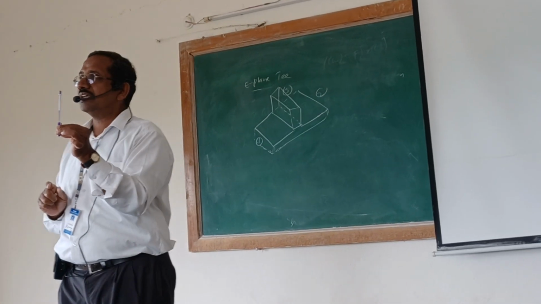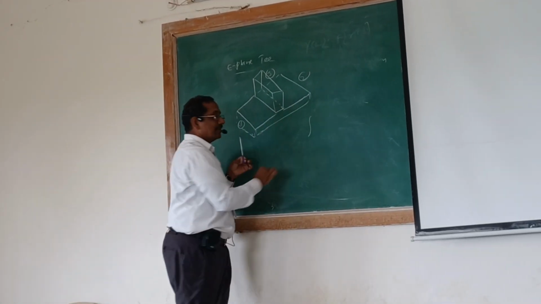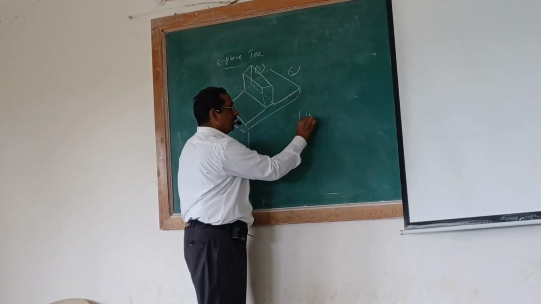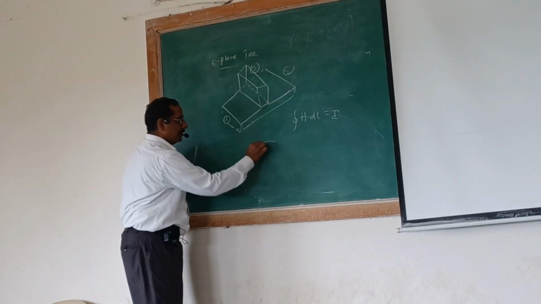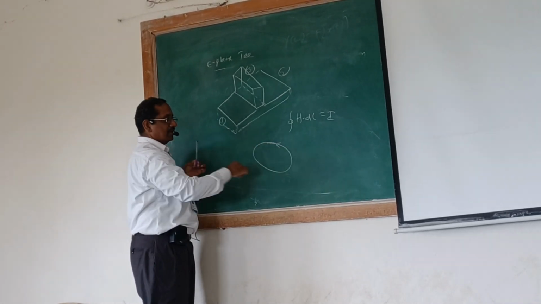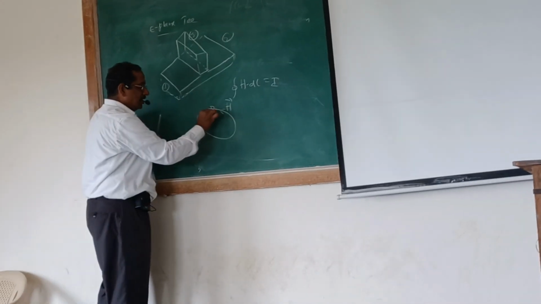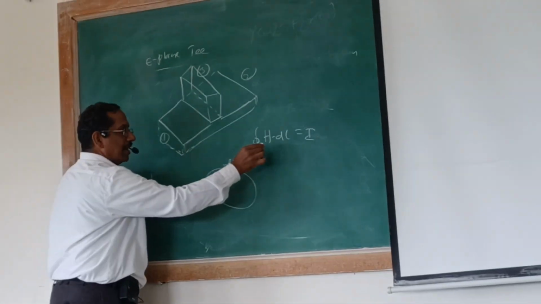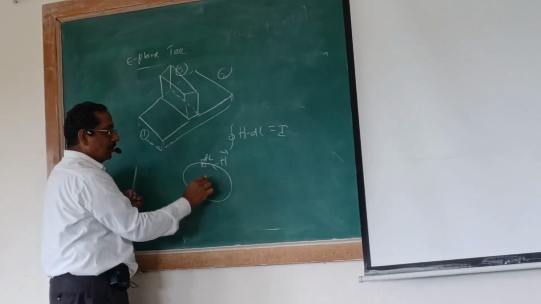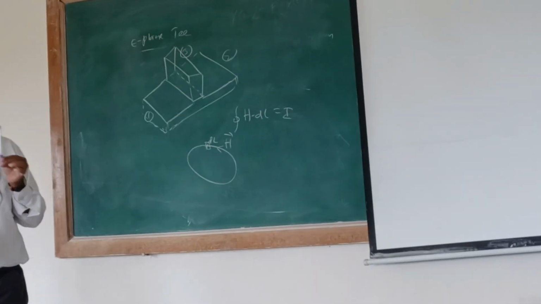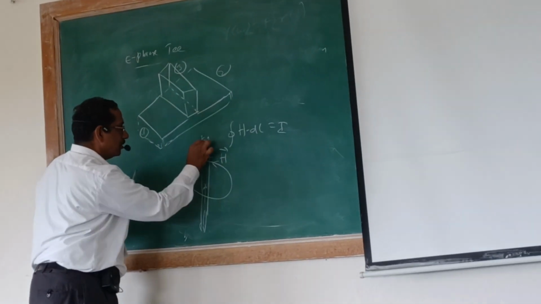Therefore, the H plane T is called a current junction. How can we say the H plane T is a current junction? From Ampere's law, we have discussed that the integral of H dot dl is equal to I for a closed surface. That means if you take a closed surface like this, if H is the magnetic field, and you consider a differential length dl, and multiply this dl with H over the entire circular region, we are going to get the current flowing through a wire.